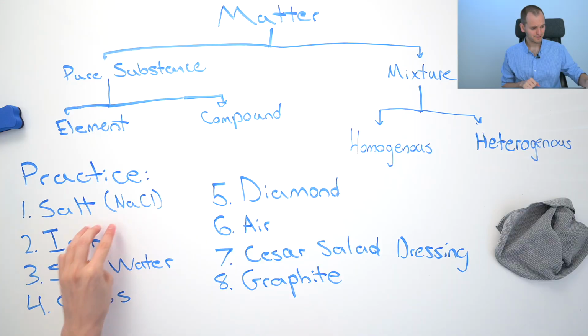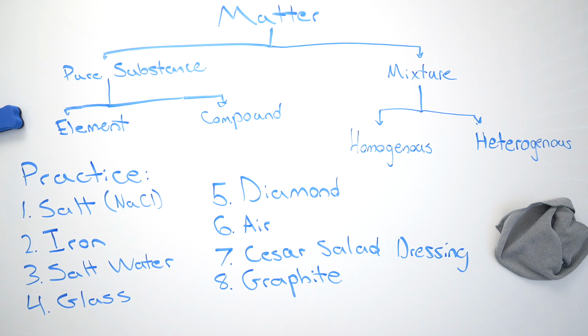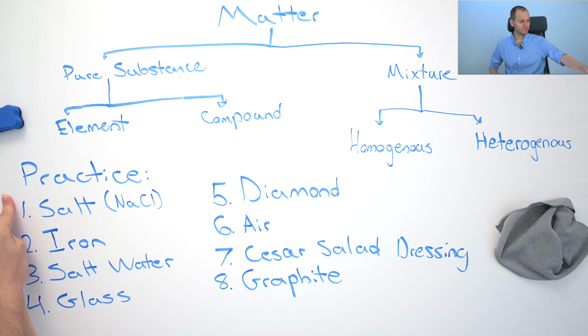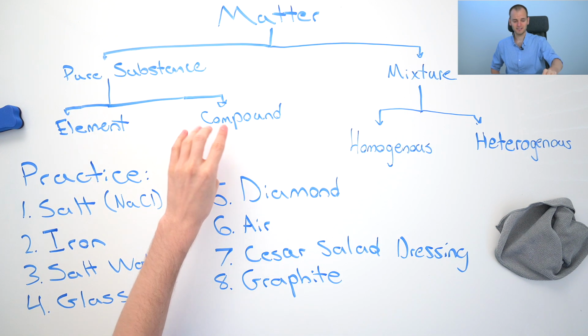So we have salt, iron, salt water, glass, diamond, air, Caesar salad dressing, and graphite. Let's start with salt. Salt would be a compound.